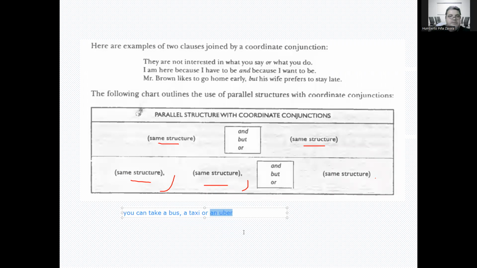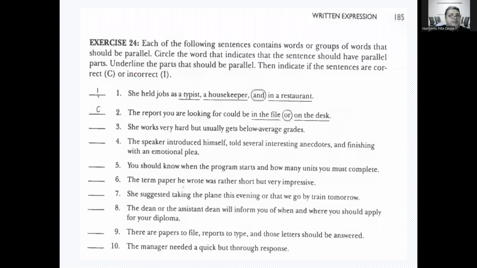Right? They're all nouns. They belong to the same category. Okay. And you have the conjunction there. Coordinate conjunction. This, or that, giving choices. So I hope that makes sense. Now let's see if we can do this.